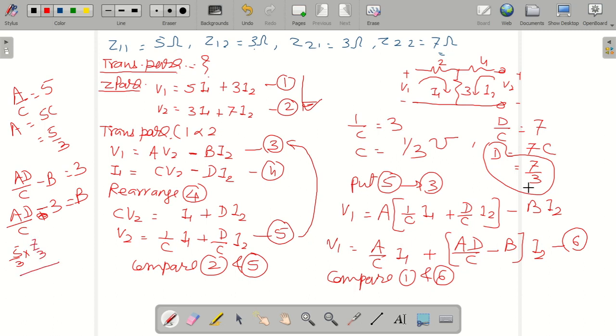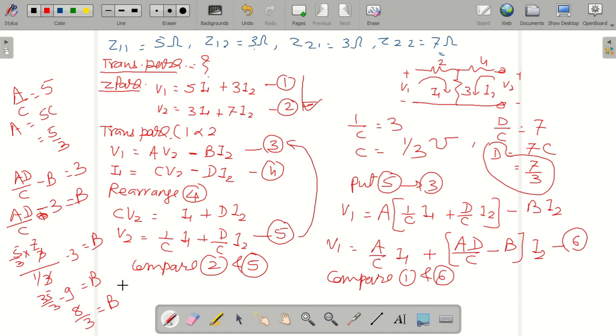C is 1 by 3, minus 3 equal to B. So the 3s cancel, so 5 into 7, 35 by 3 minus 9 equal to B. So 35 minus 27, 8 by 3 equal to B. So in this way you will get A, B, C, D.